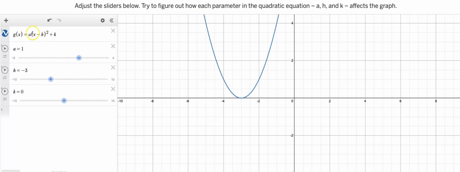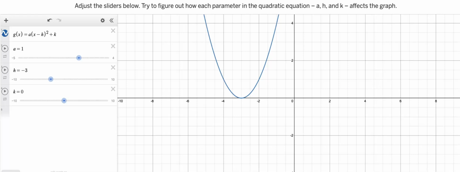Notice up here in my equation, I have x minus h. When I put in an h of -3, I'm really doing x minus a -3, which would be x plus 3.